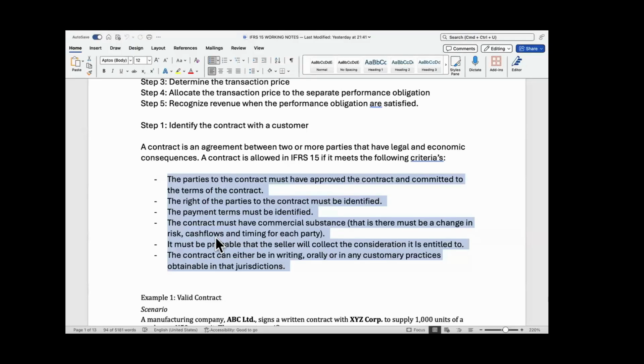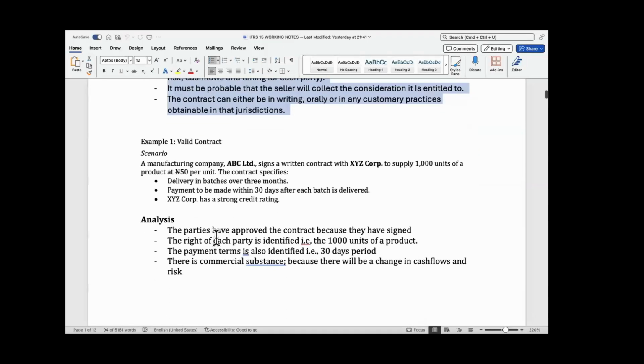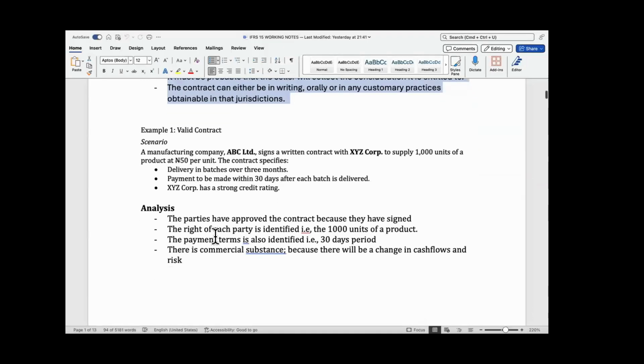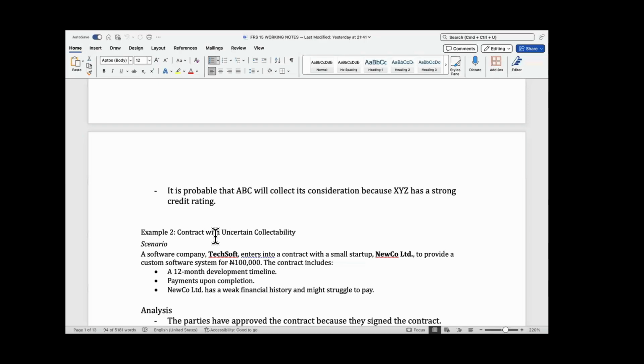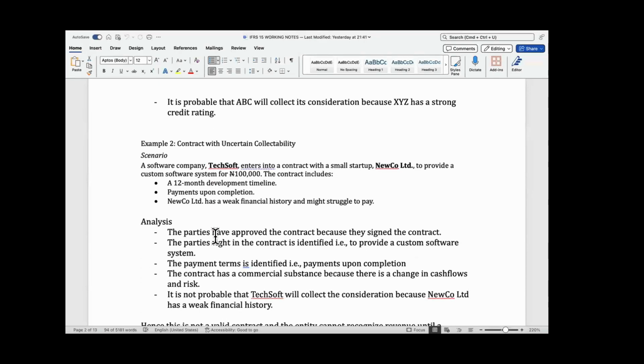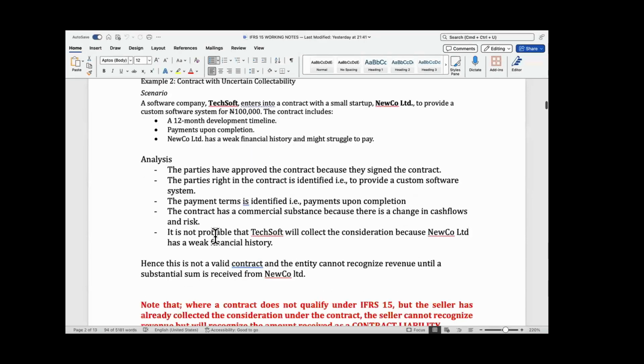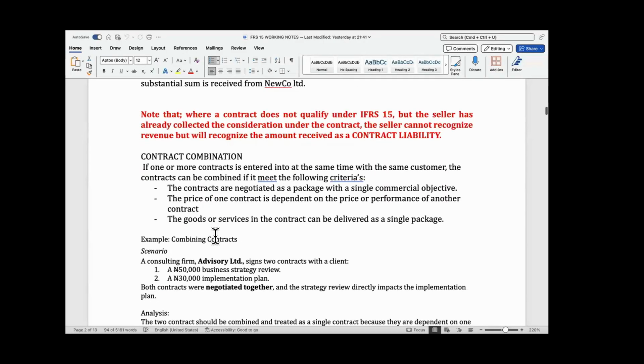So we mentioned all of those criteria last week, and we analyzed 2 scenarios of a contract that is valid and a contract that is not valid. Then we talked about contract combination.